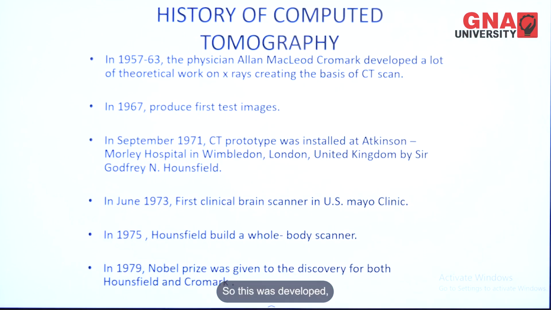This was theorized by a scientist named Alan Cormack. Then in 1967, we produced the first test image in which we were able to achieve a cross-sectional image, that too of the brain. Then finally in September 1971, the first prototype of CT was installed in Atkinson Morley Hospital in Wimbledon, London.